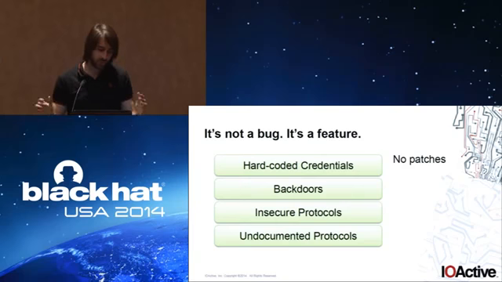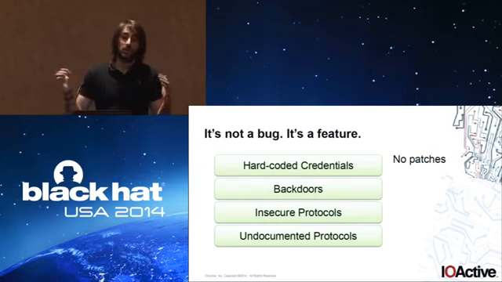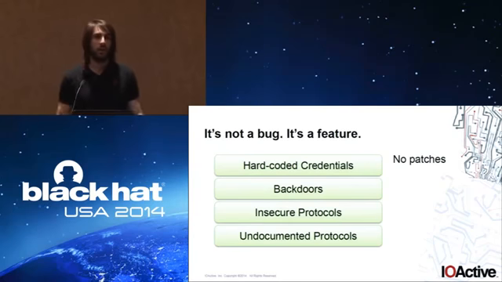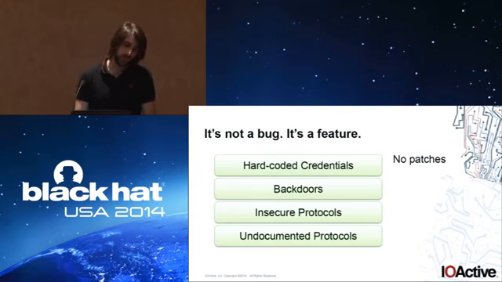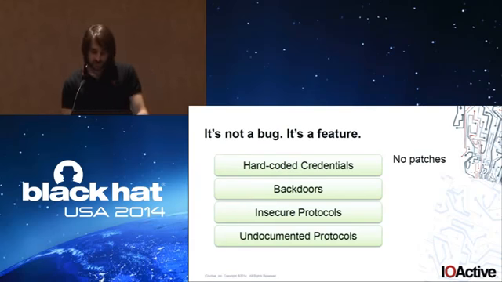Our research was focused on understanding how those devices were actually working. The findings can be divided into four main groups: hard-coded credentials, backdoors, insecure protocols, and undocumented protocols. At this point, there are no patches, and we don't expect any for several issues.